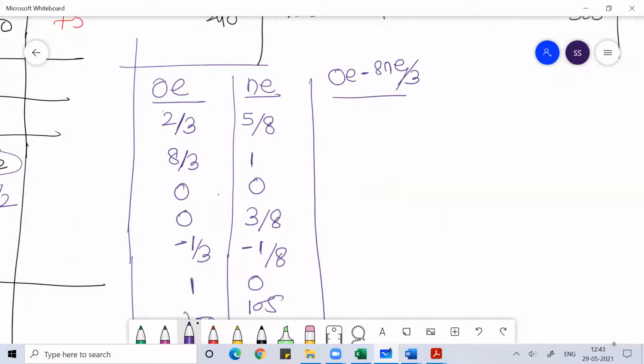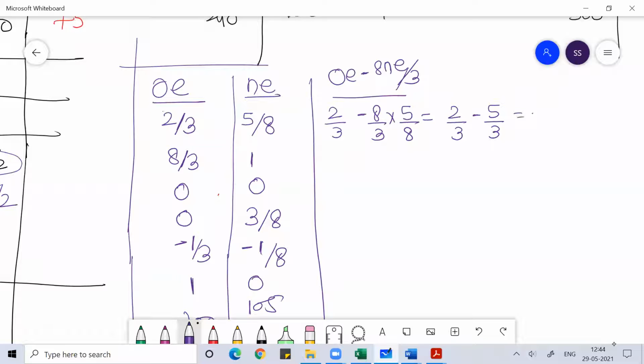So this is 2 by 3 minus 8 by 3 into 5 by 8. 8 gets cancelled. 2 by 3 minus 5 by 3.